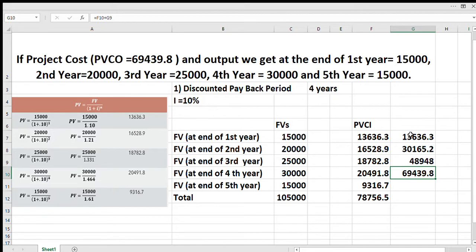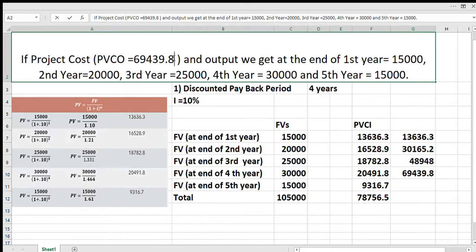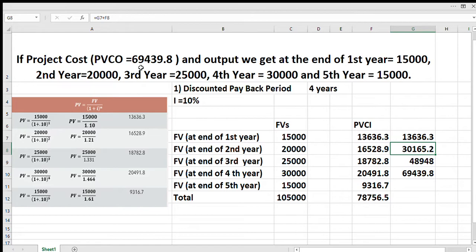If, for example, our present value cash outflow is equal to 30,165, then we can say that our discounted payback period is 2 years. If our present value cash outflow or our investment is 48,900, then we can say our discounted payback is 3 years.